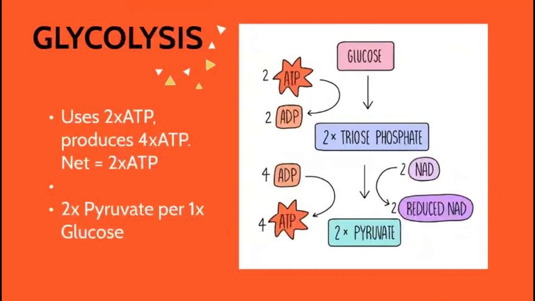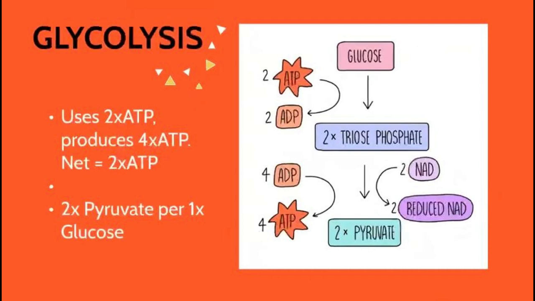Let's go through step by step. Hopefully you are looking at the diagram I have on screen. The input to glycolysis is a 6-carbon glucose molecule, and the output is 2 pyruvates, which are 2 3-carbon molecules. But in between, we have 2 triose phosphates. Glucose first gets broken down into 2 triose phosphates, and that is an ATP-dependent reaction.